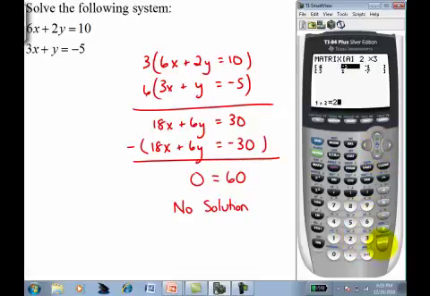So 6, 2, 10, and 3, 1, negative 5. Remember, quit out of there. Go right back in. Go over to math. And then if you want to choose alpha B, you can get right to the double REF. And second matrix A.